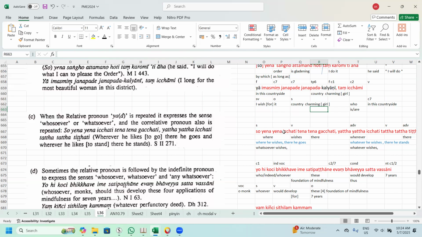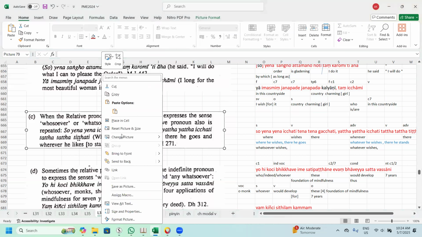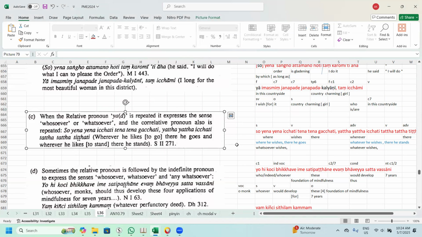These two are repeated, so you can take it as whosoever, whatsoever. If you take one of these, normally we will translate it as "where." Okay, now, where? If you take one of them, where he wishes.